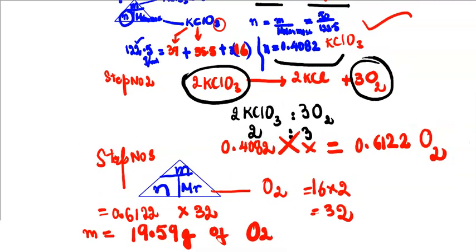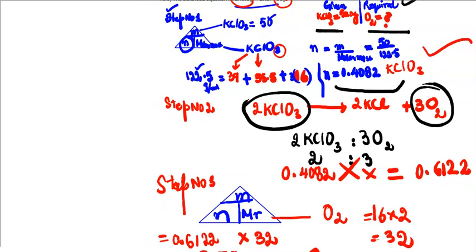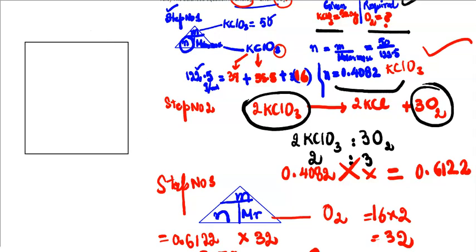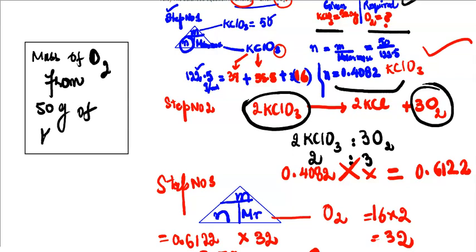Basically, your question starts with the sentence that you just need to calculate the mass of oxygen from 50 grams of KClO3.